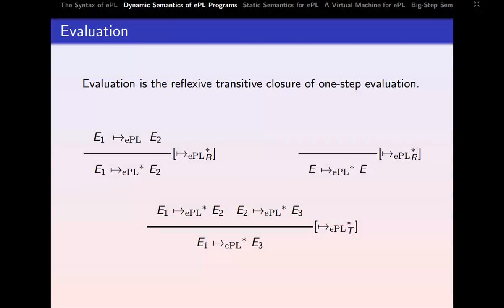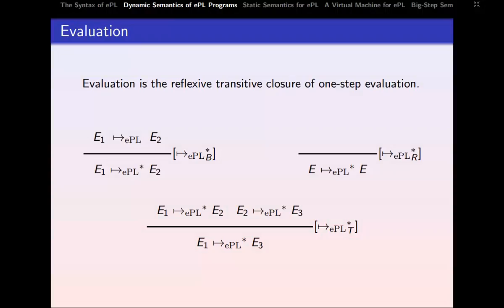So how do we construct the closure? Well, any sequence of evaluations has to be part of the closure. So again here, treat this as a name for the relation. This is a name. The star there is not an operation. It's not an operator. Okay? It is similar to the star for regular expressions, right?